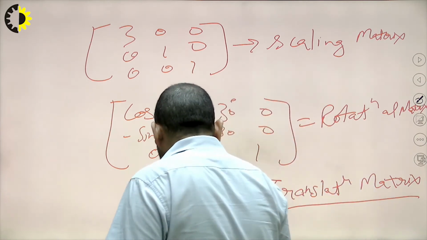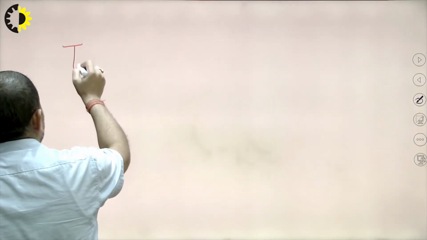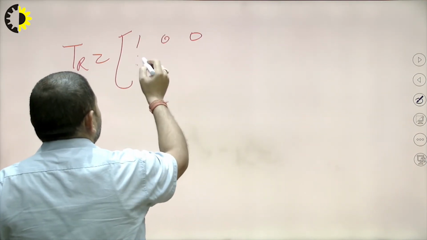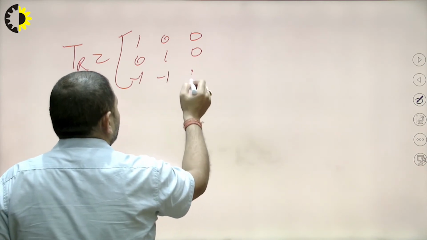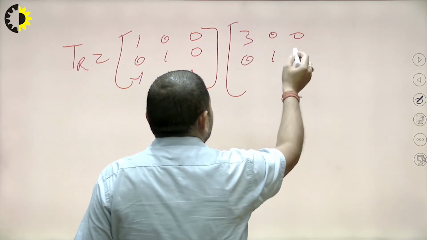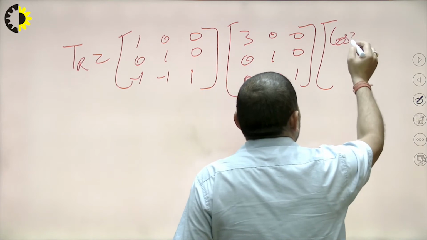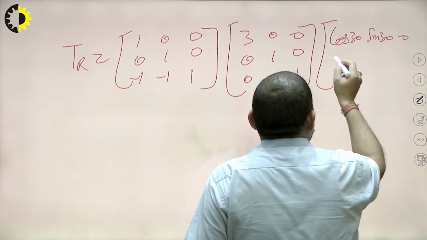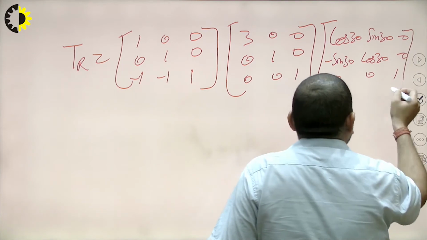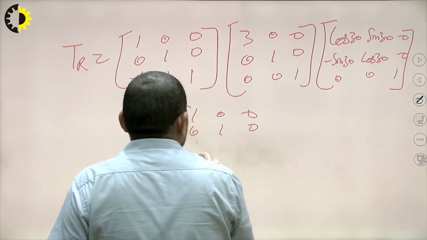The transformation matrix will be equal to multiplying all these matrices in the same sequence: 1 0 0, 0 1 0, minus 1 minus 1 1, then the scaling matrix, that is 3 0 0, 0 1 0, 0 0 1, then the rotation matrix, that is cos 30, sin 30, 0, minus sin 30, cos 30, 0, 0 0 1, and again the last translation, that is 1 0 0, 0 1 0, 1 1 1.